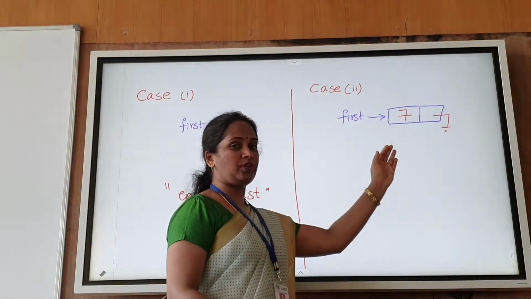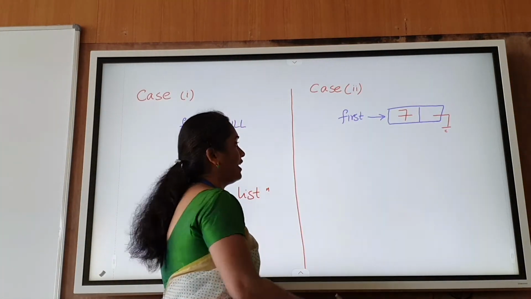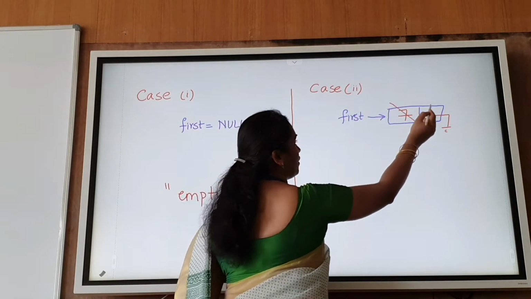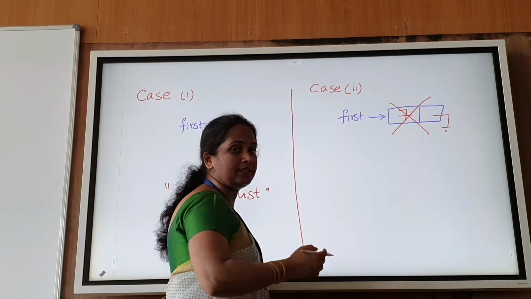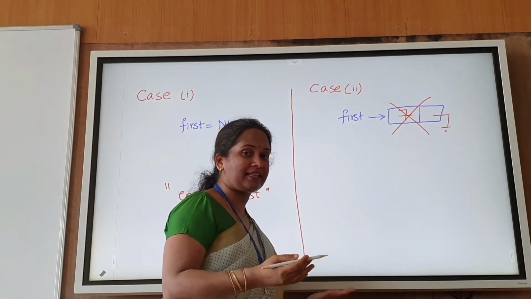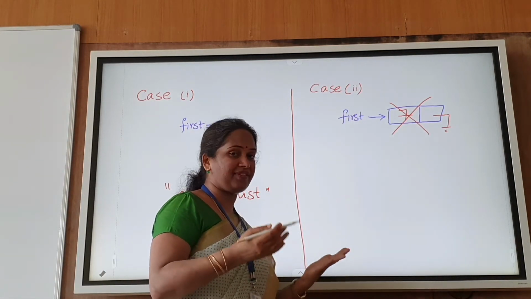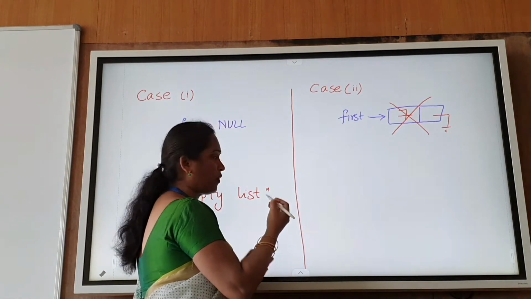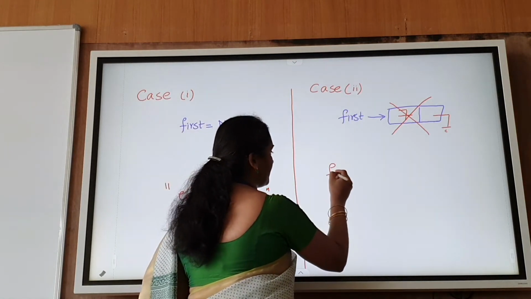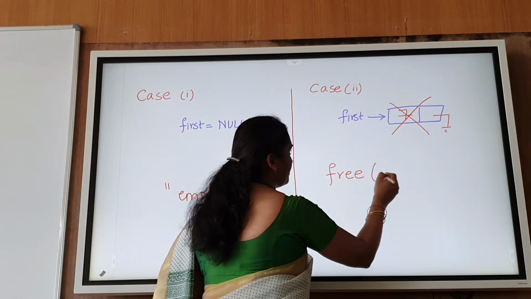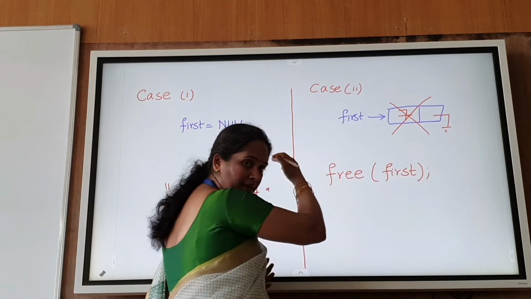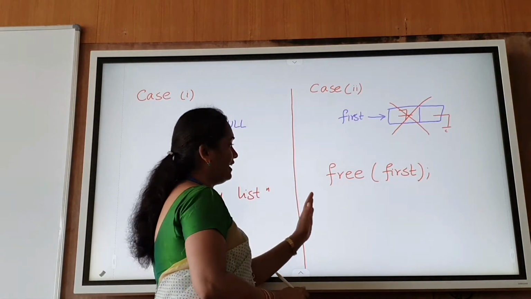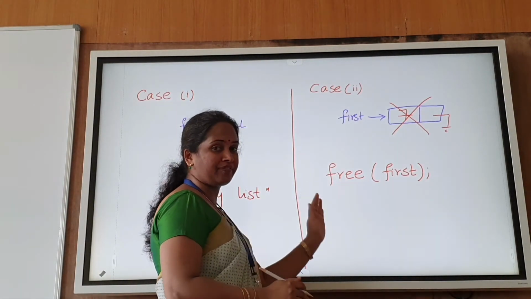So what do I do? If this is the case, I should call free on this, deallocate it, and make my first back to null, signifying the fact that it's no longer having any nodes. So the code corresponding to it would be to say free first, give it back to the heap, the only node which exists, and I have to make sure first becomes null.